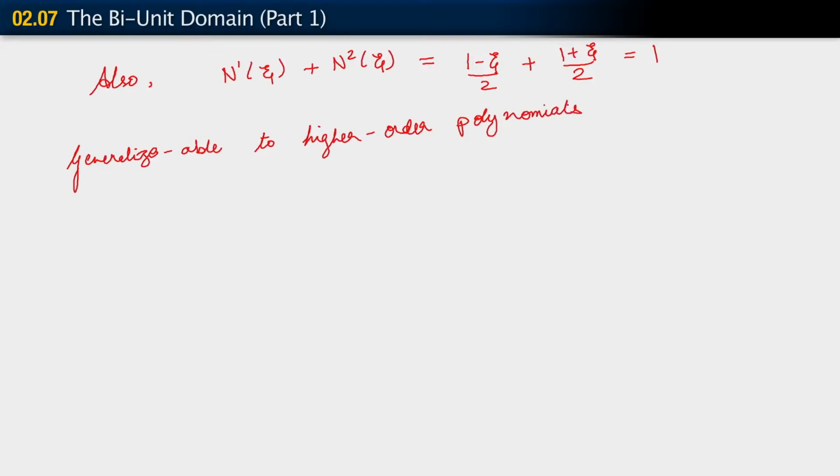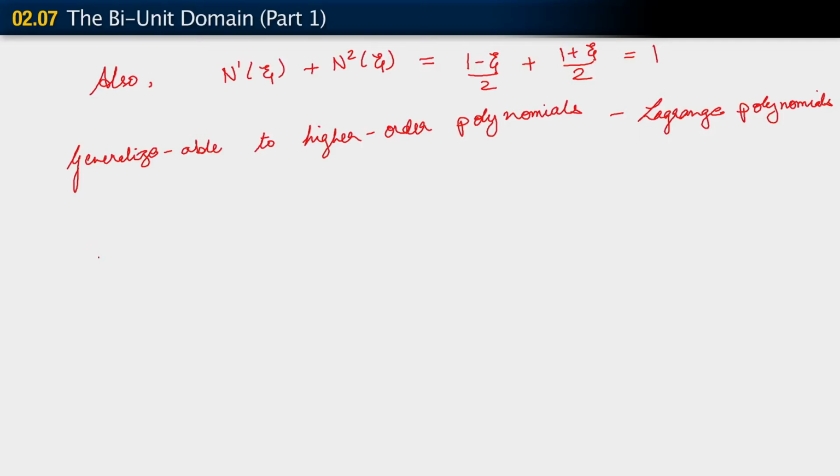We will do it after quite a few more segments, but when we do that, we will do so by observing that these are linear basis functions of a class of polynomials called Lagrange polynomials. Okay, we'll do that later, not right now.